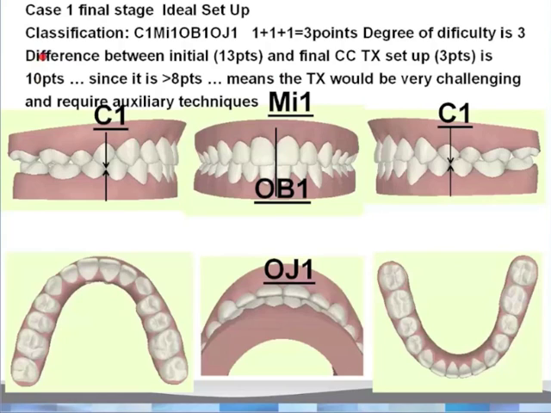When you have a difference that's greater than 8 points, it tells you that it's probably going to be a lot of challenging movements in order to go from the initial bite, the initial malocclusion, to an ideal setup. So let me just take you back one slide here.